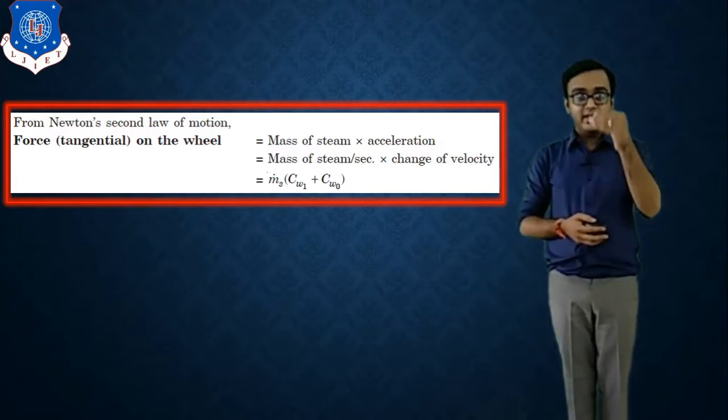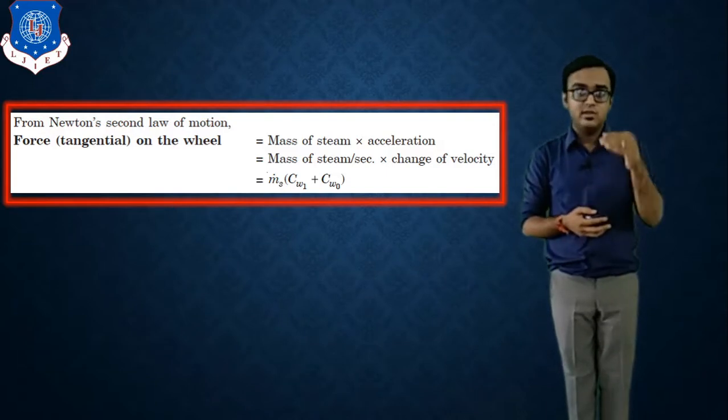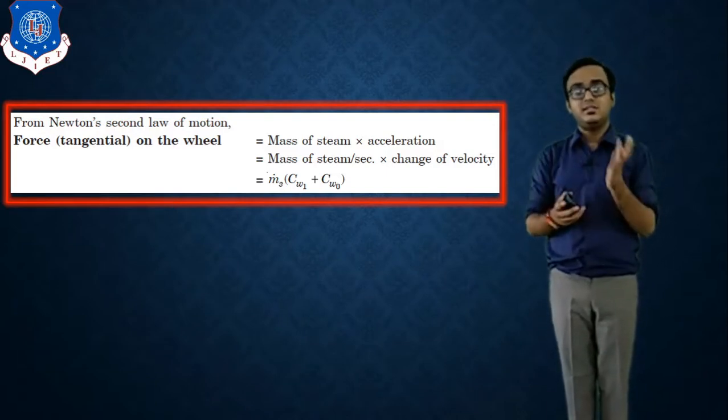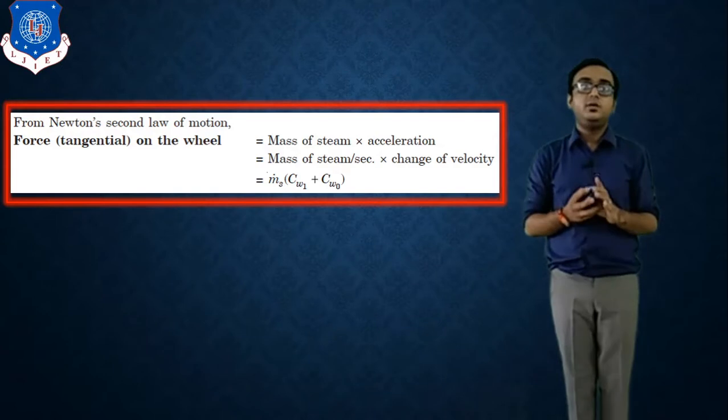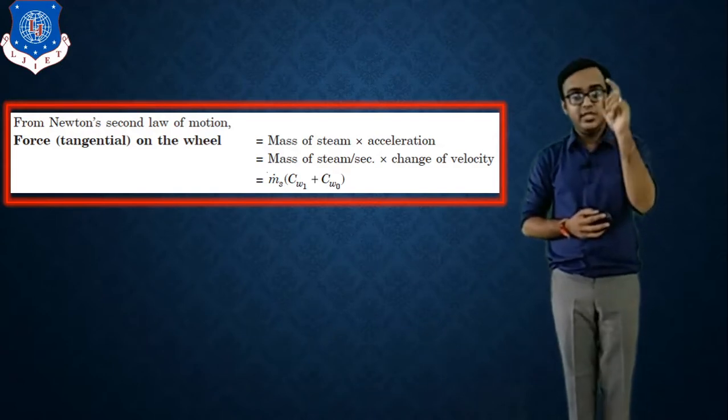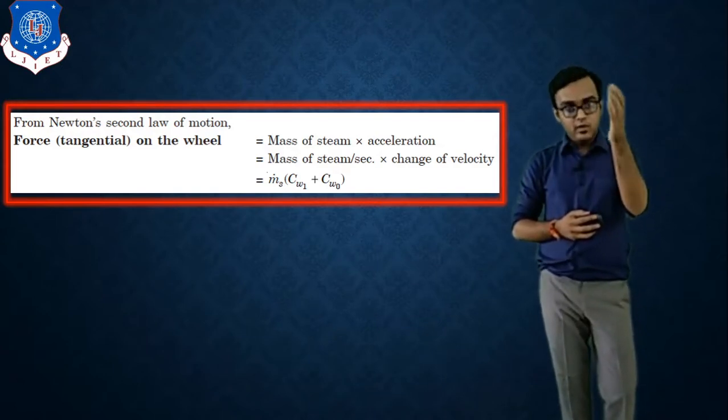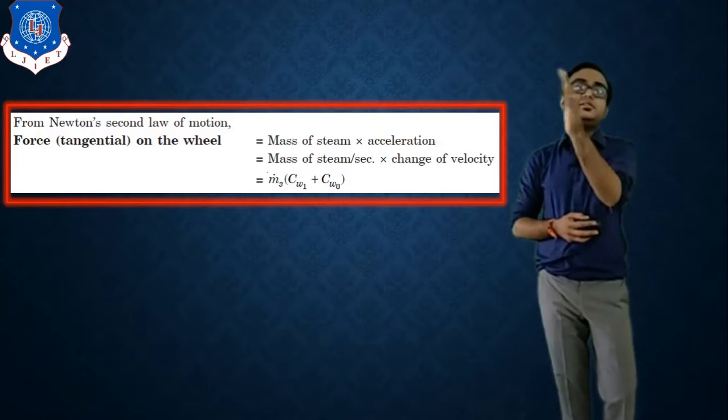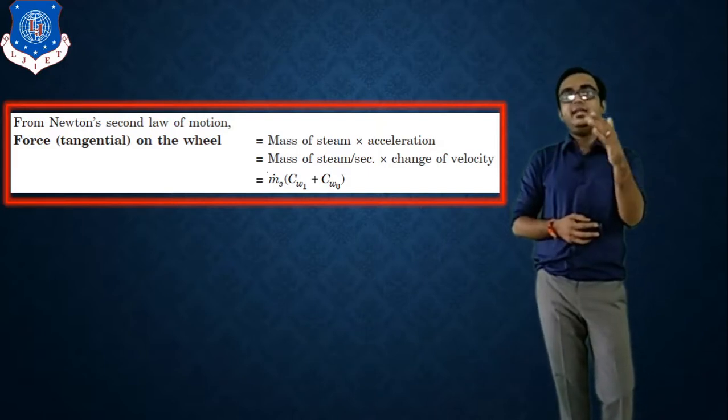So we are dealing with velocity vectors. One is right hand side, the other is left hand side, so we need to put the negative sign. So Cw1 minus Cwo, and minus becomes positive.